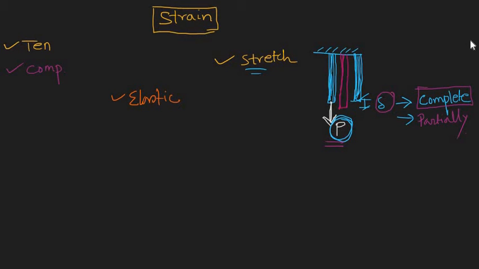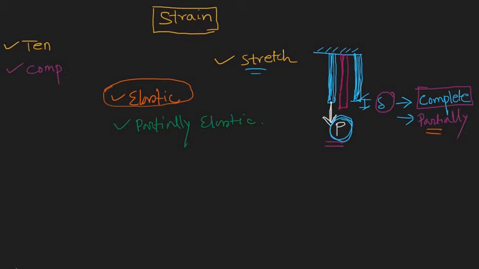And if there is some deformation left, that is, it has been removed only partially, in that case the material is known as partially elastic. Agree? And in this discussion we will assume that all the materials we are dealing with are elastic materials.